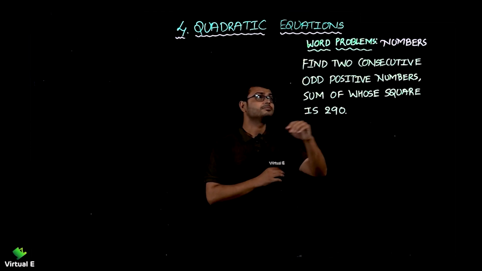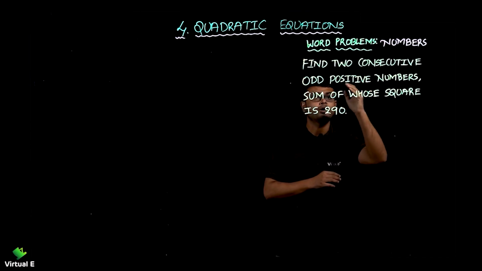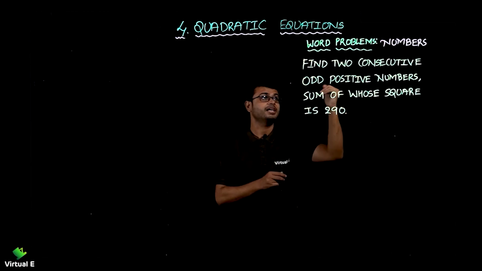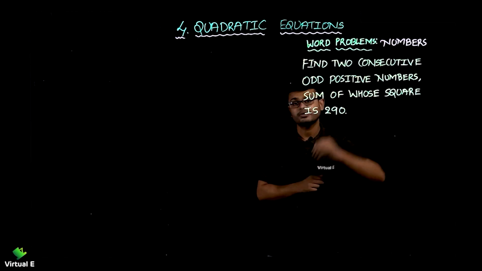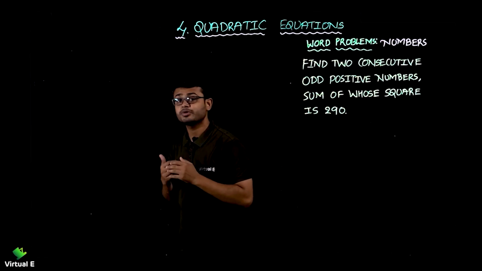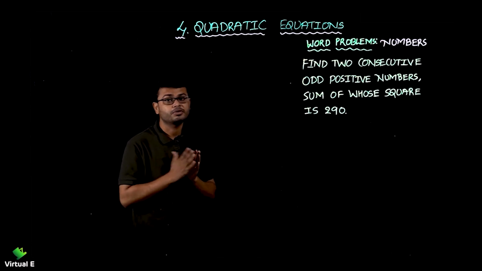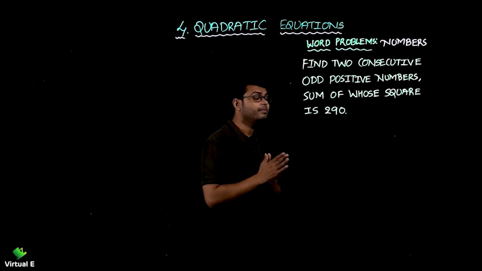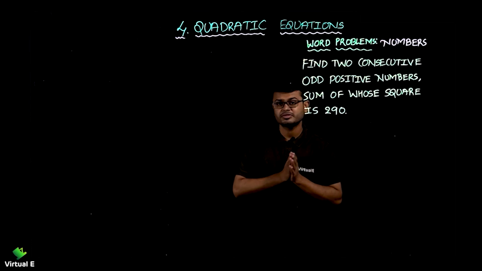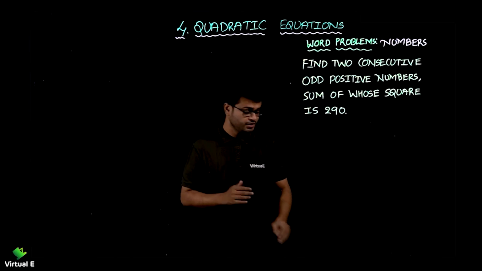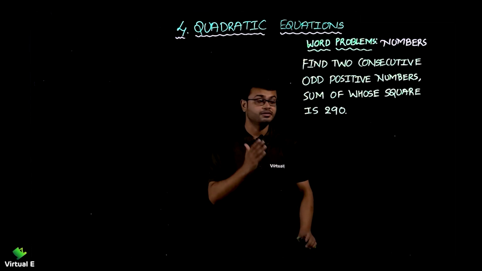So let's start. Two consecutive odd positive numbers. There are many adjectives, right? Let's start with consecutive. What does consecutive mean? You must have heard this word many times, specifically for word problems. Consecutive means which comes one after another.